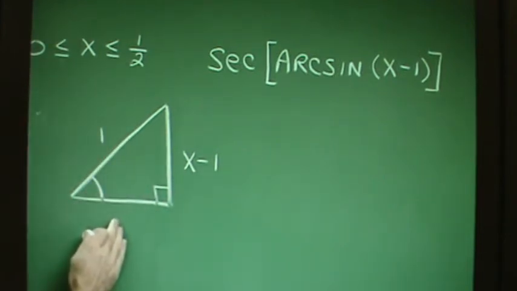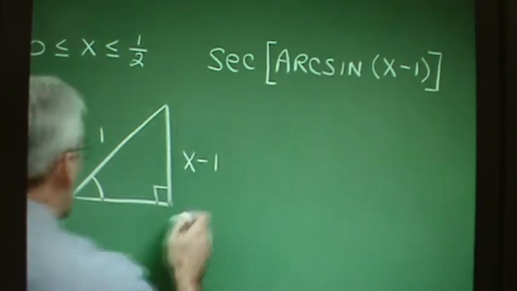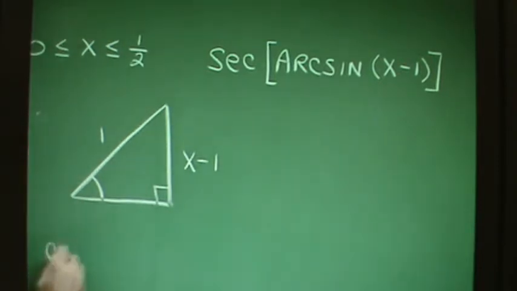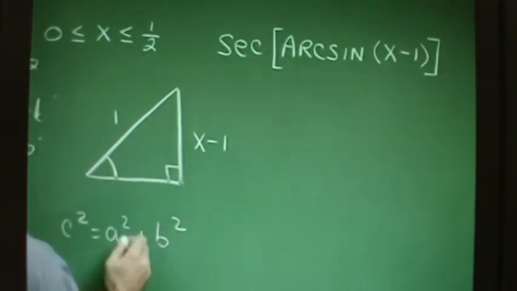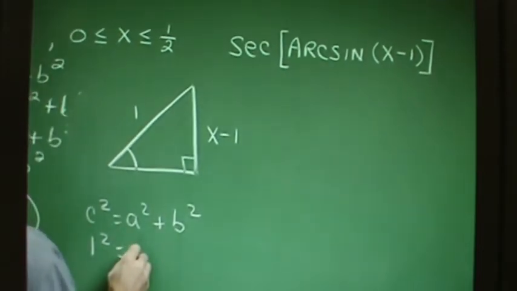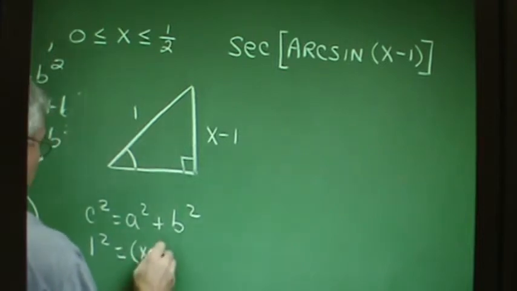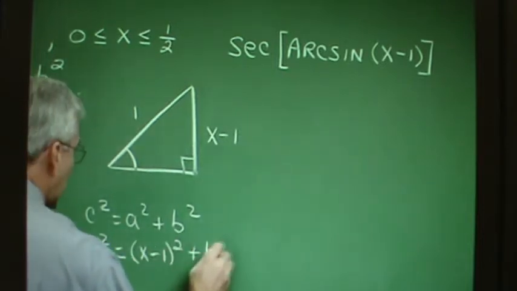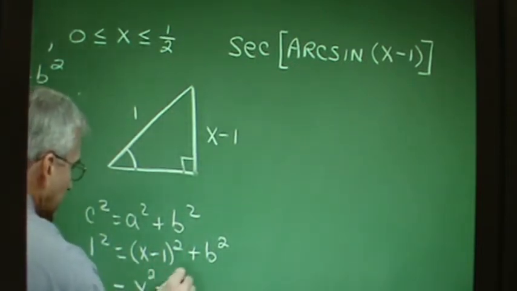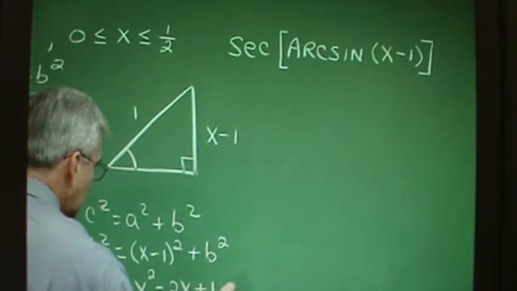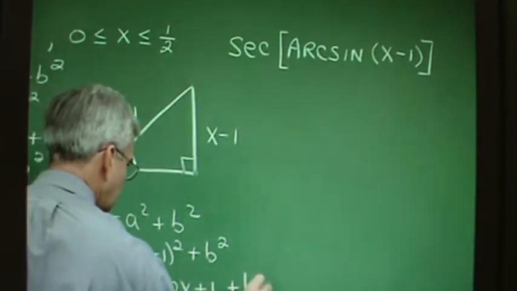And now we want the length of this side. So we have this calculation of c squared equals a squared plus b squared. So 1 squared equals (x minus 1) squared plus b squared. So 1 equals, now expanding here, x squared minus 2x plus 1 plus b squared.